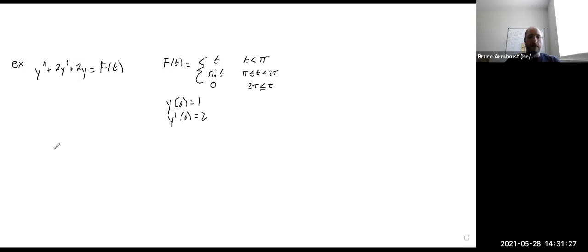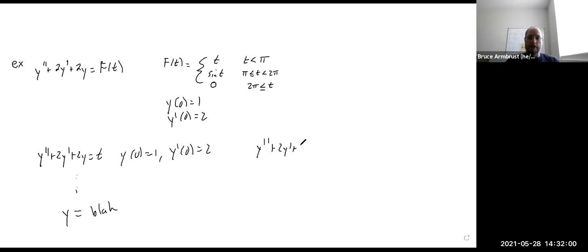We could start by solving this one with the initial conditions as presented. We solve this and we get y equals whatever. We would get a particular solution because we have initial values. So we have y equals. All right, then we would turn our attention to the next one.